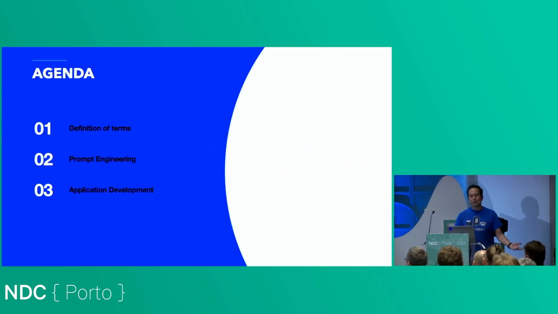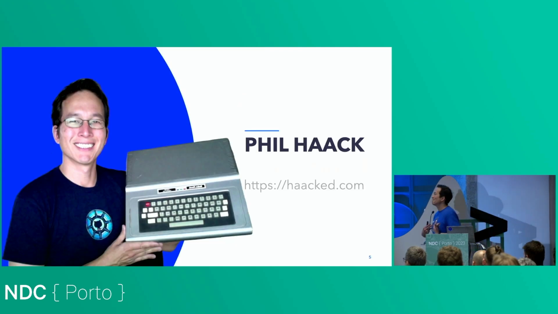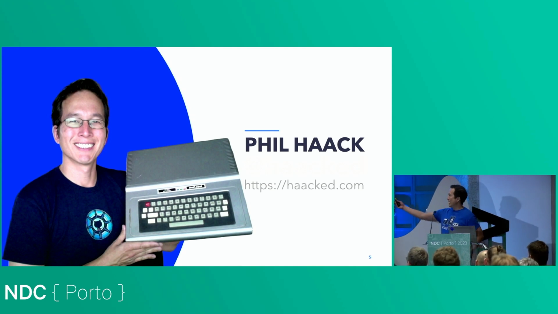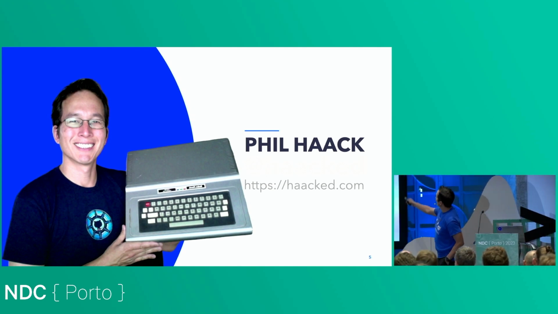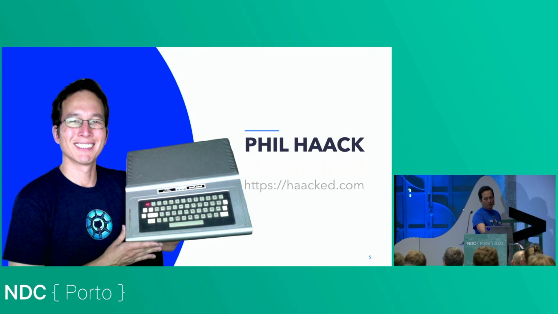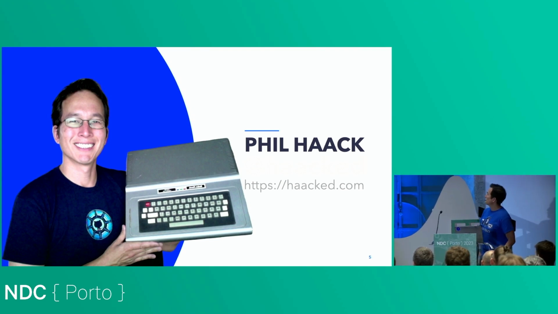So let's talk about, first, a little bit about my favorite subject, me. So my name is Phil Haack, and I know what you're thinking. What a great name for a software developer, Phil. I'm on Threads, I'm on Twitter as @haacked, and I also have a blog at haacked.com. Oh, well, you can't even see that. I can see it on my machine, but if that doesn't show up, that could be a problem.